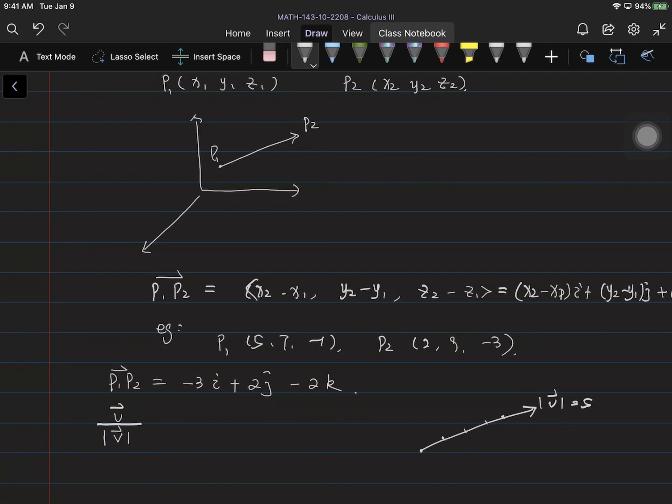Length is 5, right? How to find the unit vector, still in the same direction? Just take the v vector and divide by 5, and then it becomes a unit length 1 vector. So that's the unit vector. This is how we find the unit vector. And if you want the proof, the length of that one is just 1.